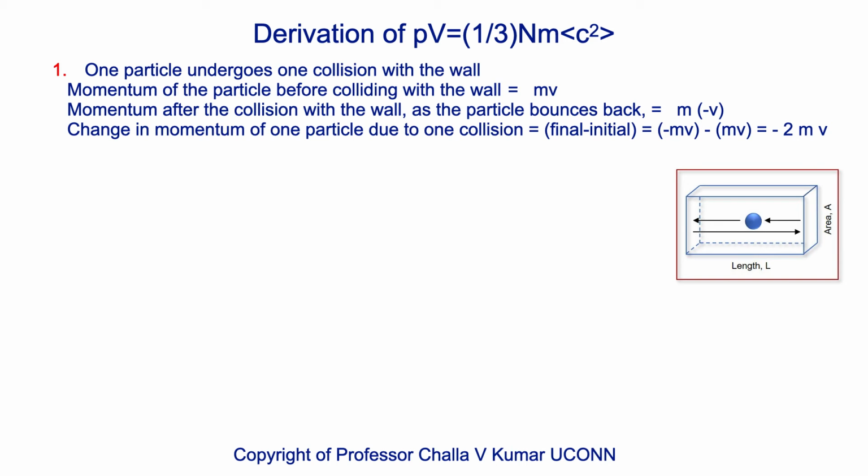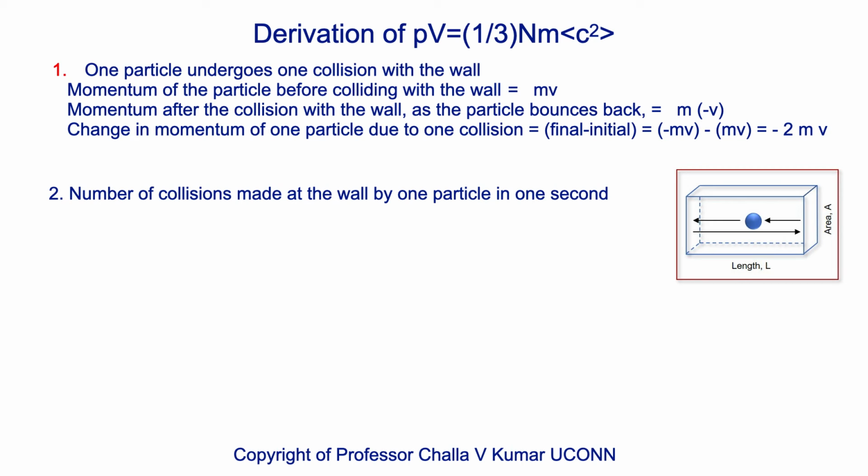So it is making round trips as it goes back and forth. Since each collision is perfectly elastic, this kind of motion will continue forever. There is no loss in the energy of the particle, as the collisions are perfectly elastic.